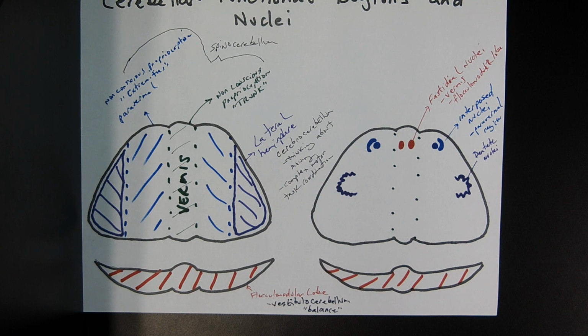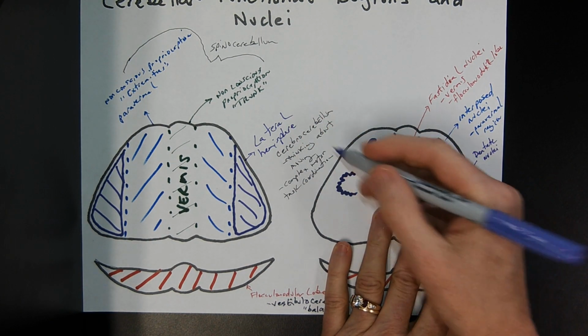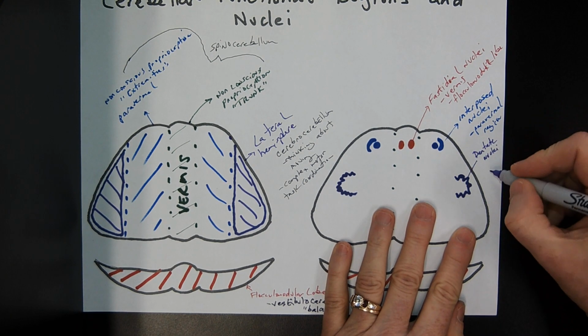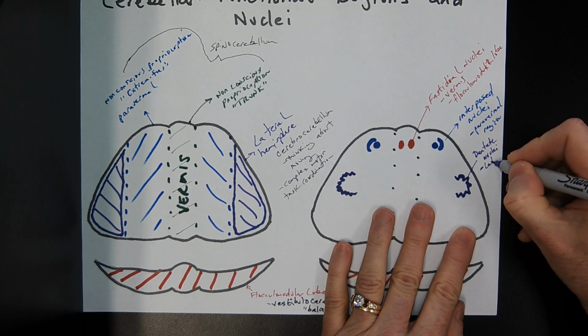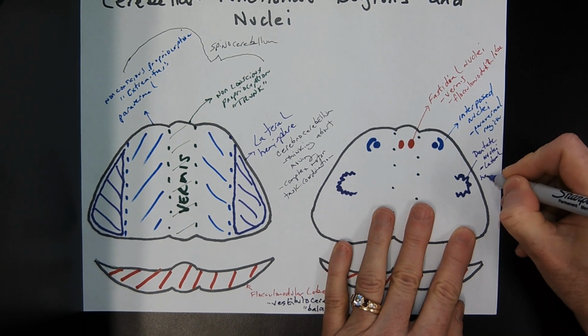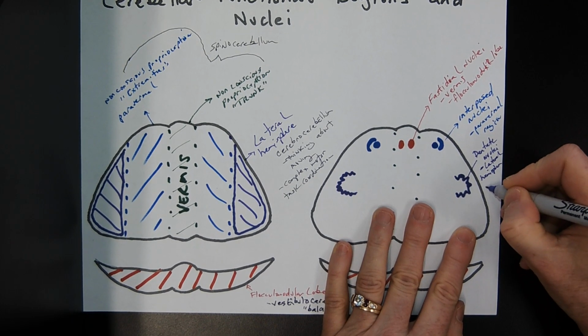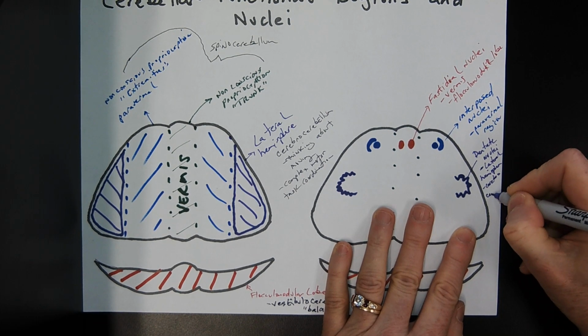And it's your dentate nuclei that receive information from your cerebrocerebellum, thinking about moving. So that's your lateral hemispheres. So that's your cerebellum.